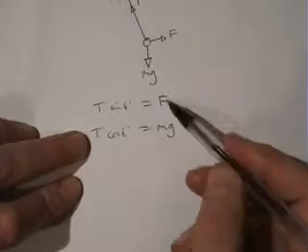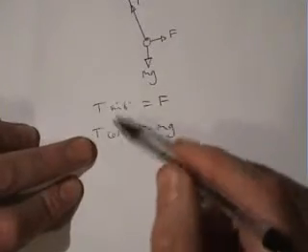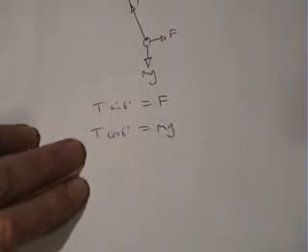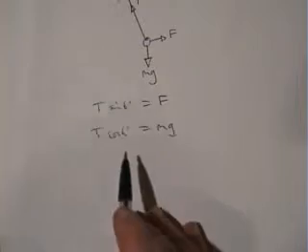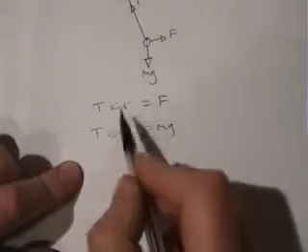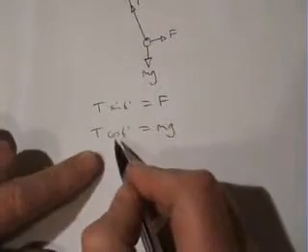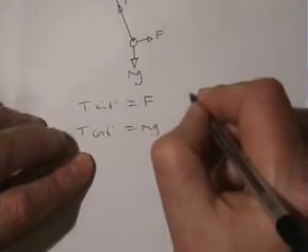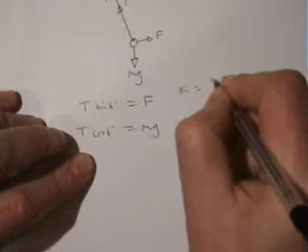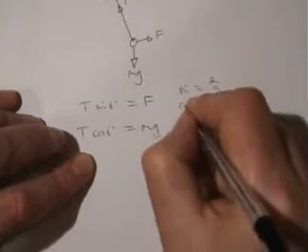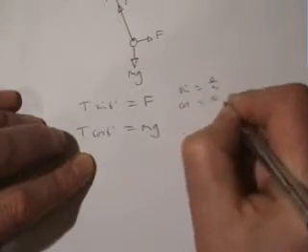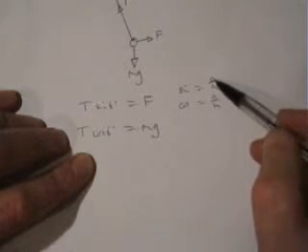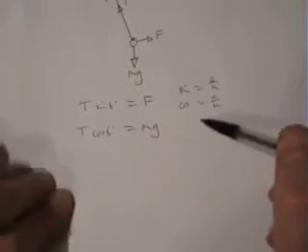So we've got two equations, we've got F and mg that we want, we've got the 6 degrees that we want, but both equations have got T and we don't want that. How do we get rid of them? Well, if we remember that sine 6 divided by cos 6 is tan, and if you don't remember, you know that sine is opposite over hypotenuse and cosine is adjacent over hypotenuse. If you divide sine by cosine, you get opposite over adjacent, which is tan.